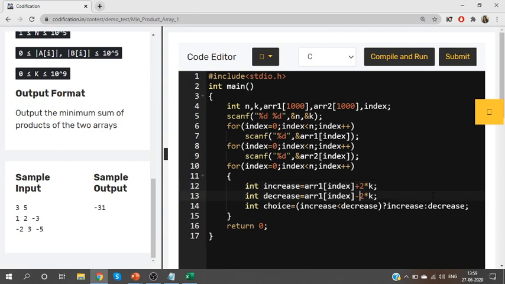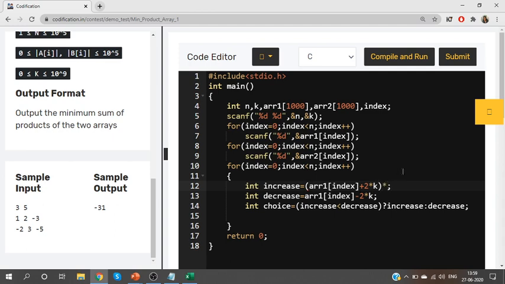Okay. So now I have decided what is the modified product value. Yes, I would have chosen either the increased result value, or I would have chosen the decreased result value. Yes, and along with this value, what has to be multiplied? Array 2's element has to be multiplied.